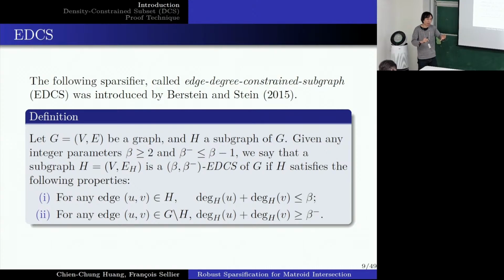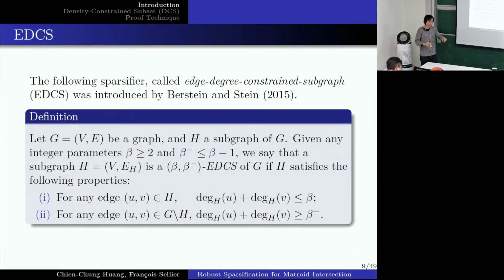And this is guaranteed by the property that in the graph H, the two endpoints still have a lot of neighbors. So even if I am part of the optimal matching and I'm thrown away, that's okay, because my endpoints still have a lot of possible neighbors, so they can be matched to someone else to replace me. So that's a little bit of the intuition of this EDCS.